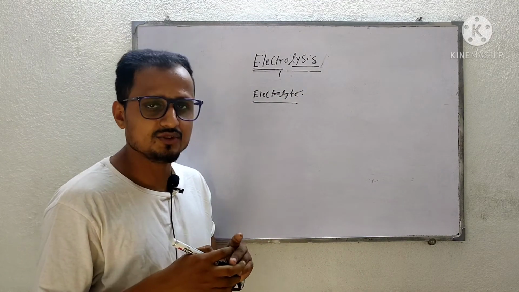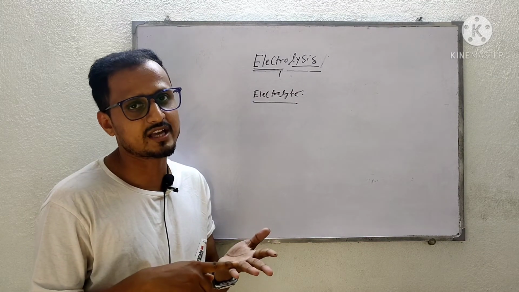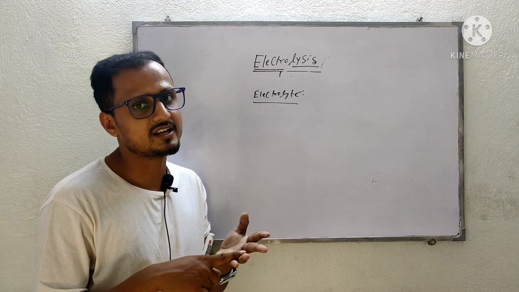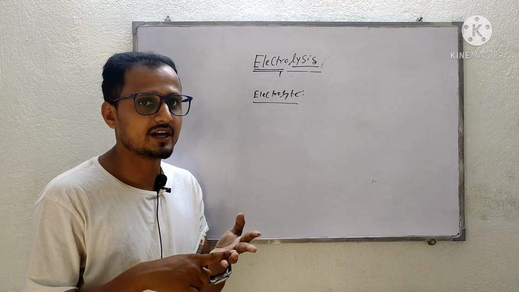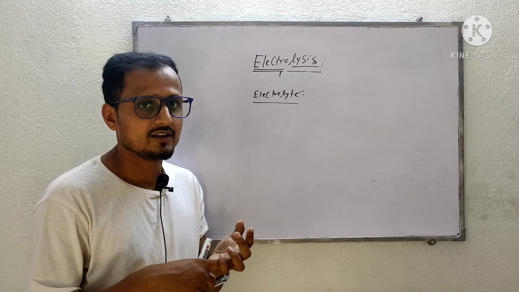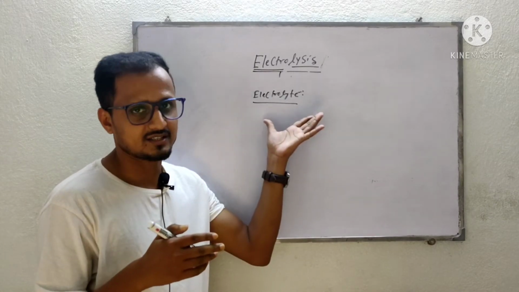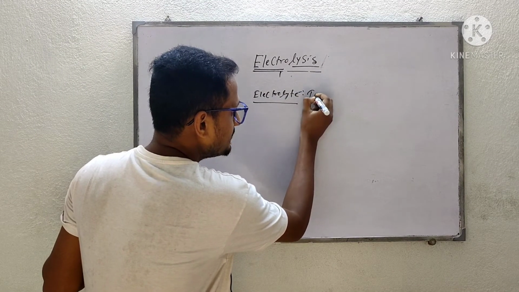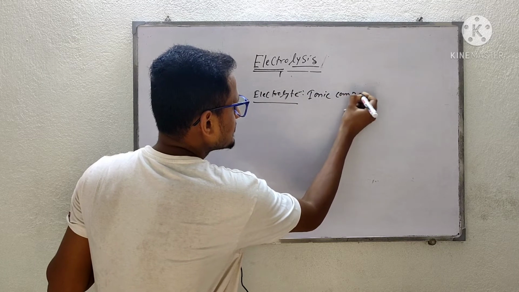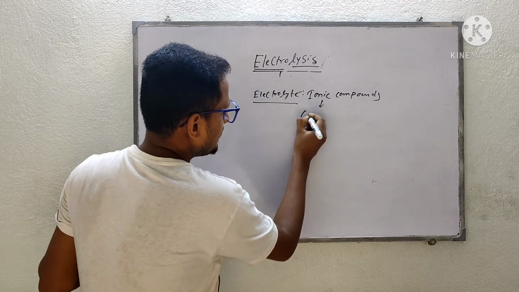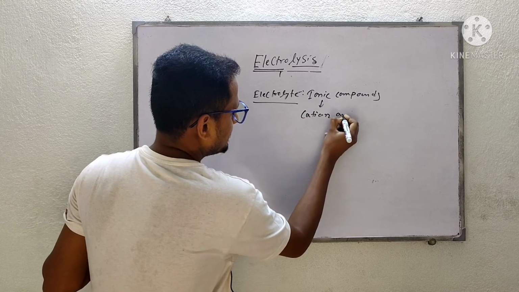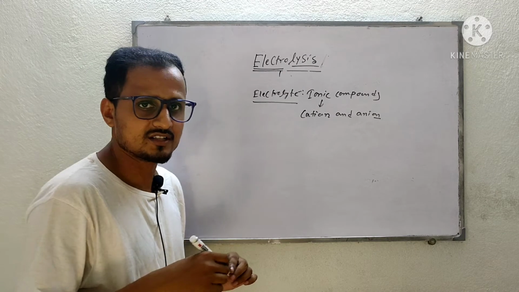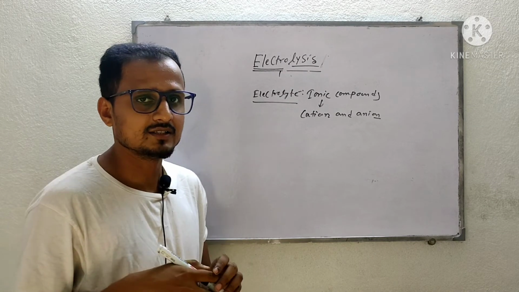The substances which in molten state, fused state or aqueous state can conduct electricity, and after conducting electricity, will form different kinds of products, are called electrolytes. Those will be mostly ionic compounds. That means they will form cation and anion, and after forming cation and anion, they will conduct electricity in the molten, aqueous or fused state.